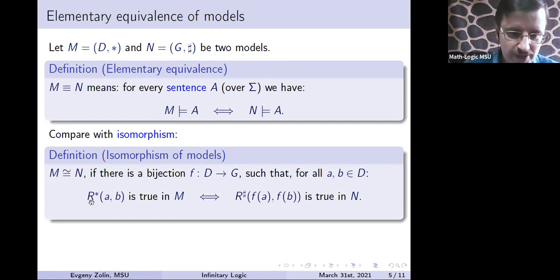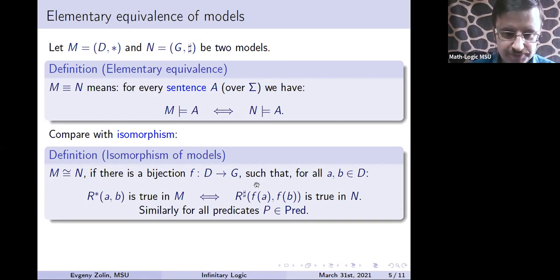So for a binary predicate, it is true for this particular pair A, B in the first model if and only if its meaning in the second model is true for the image of this pair. And the same should be written for every predicate symbol in our signature.